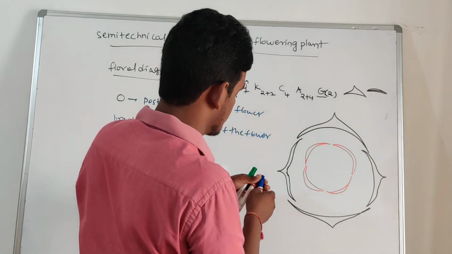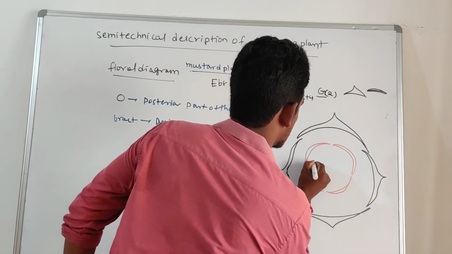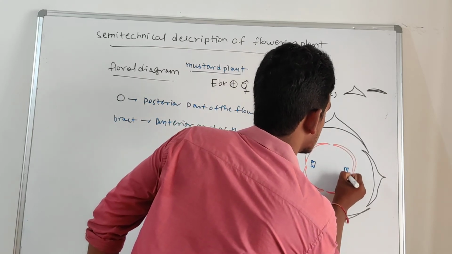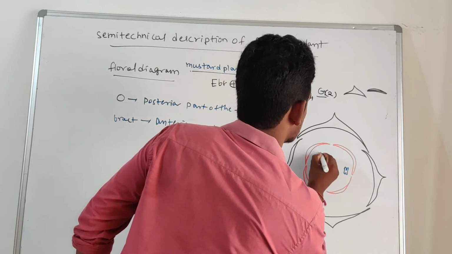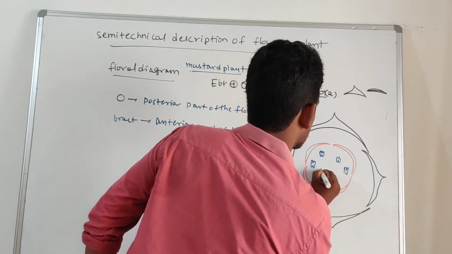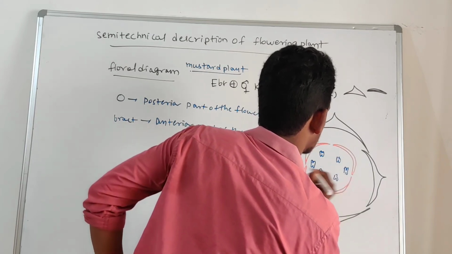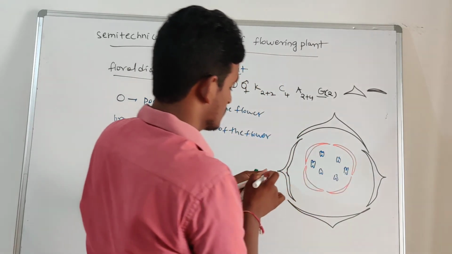How many stamens are present? 2 plus 4 condition. So here the 2 stamens are outside and the remaining 4 stamens are towards the inside. Right?